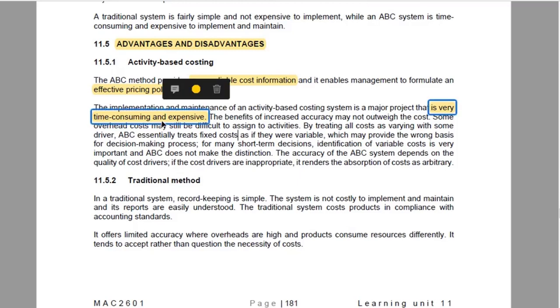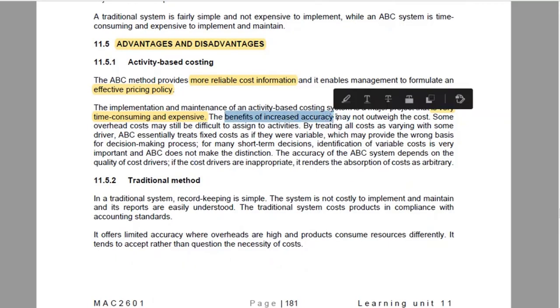All those steps that I'll take, it's time consuming and it's expensive because sometimes companies hire consultants to help them identify those cost activities and cost drivers. I know at the company that I work for, a bank, they had consultants come and help them with ABC because it's not as straightforward as possible.